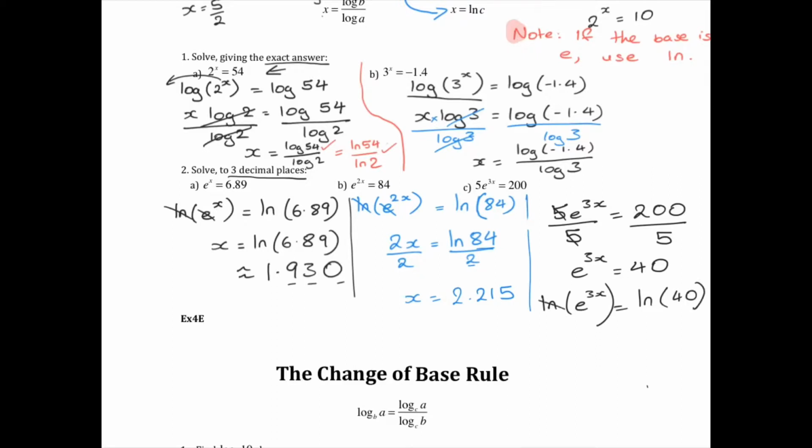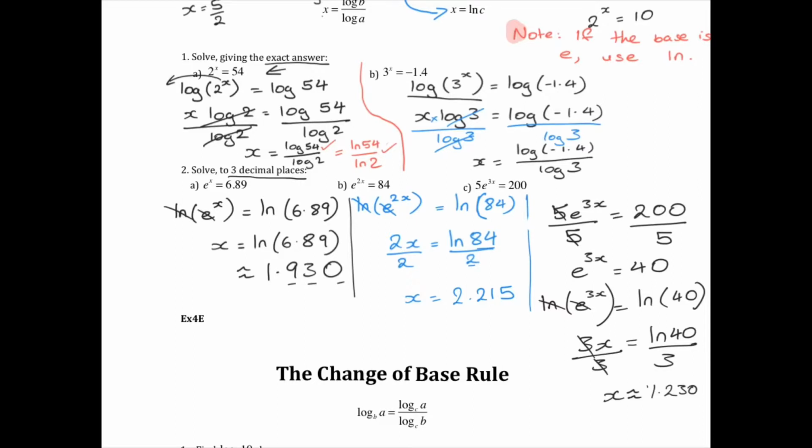As we know, ln and e cancel out, and I get 3x equals ln of 40. Divide both sides by 3. And I get 1.230 to 3 decimal places. Make sure your rounding is correct.